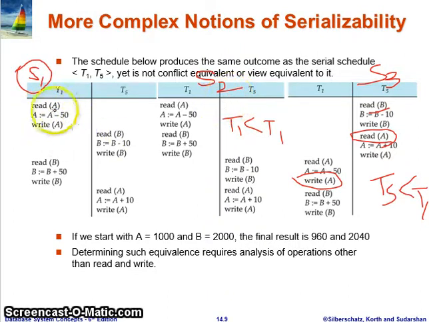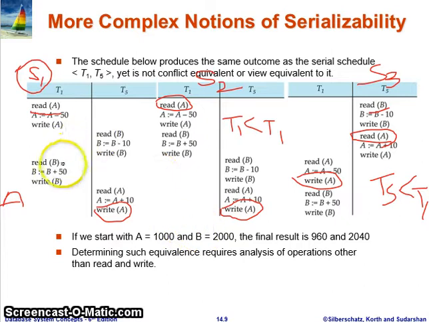The first condition is which transaction is reading the initial value of data item A. Suppose we are talking about data item A. Here data item A is read by transaction T1 in this schedule, so the first condition is true. The second condition is which transaction writes last. Here on data item A, transaction T5 is writing last, and in this schedule T5 is also writing last. So our second condition is also met.